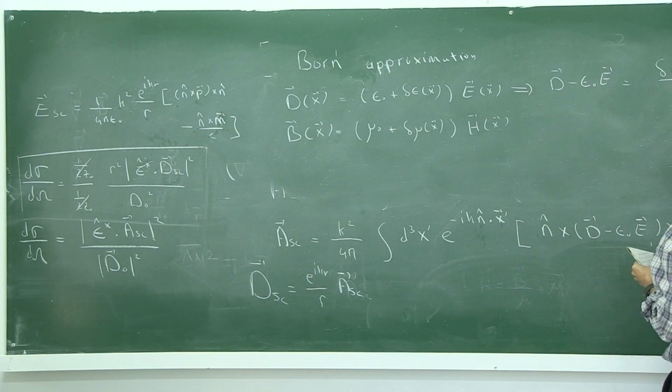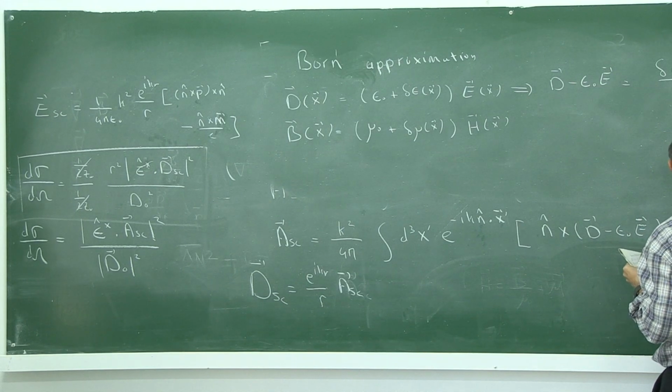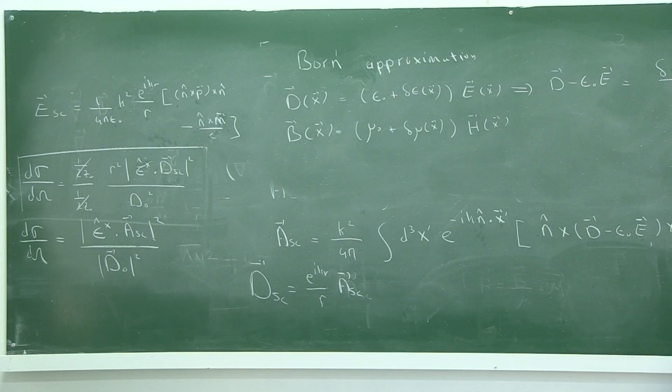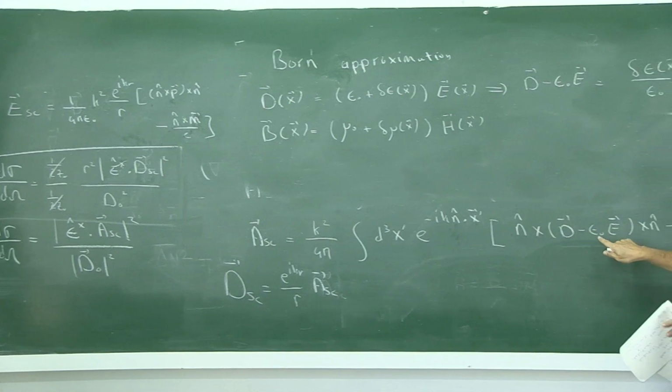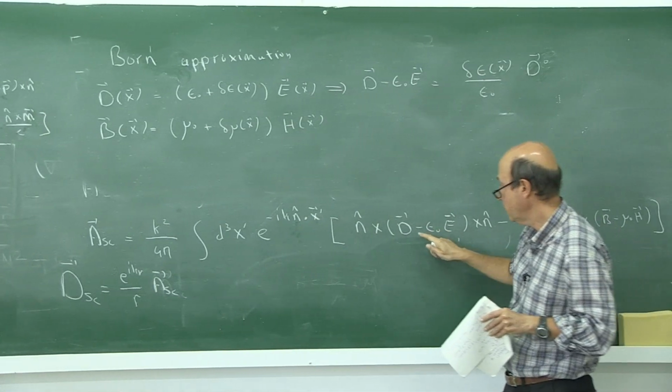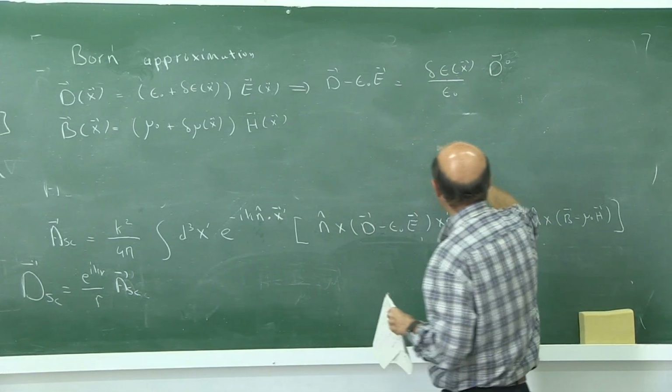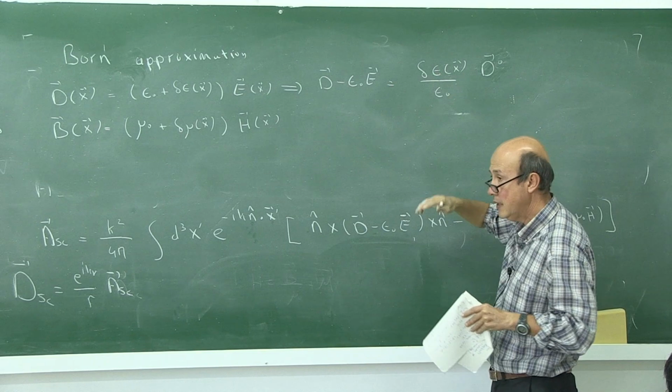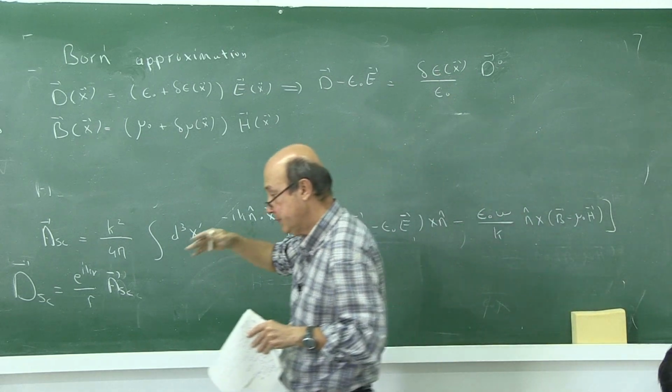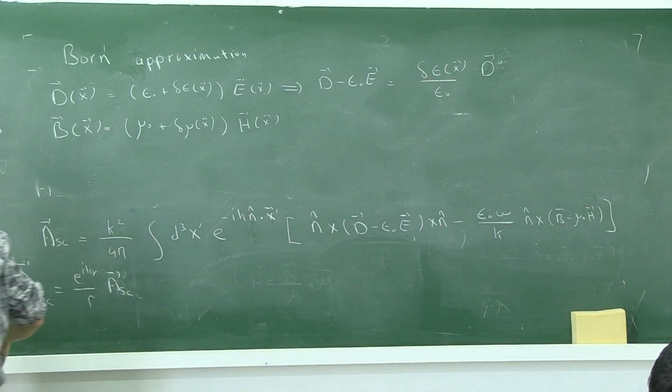This term will be the electric displacement D0. So D minus epsilon 0 E, which we will need to put here later, is nothing but the variation in the electric displacement, which depends on the location, position, with respect to the epsilon 0.